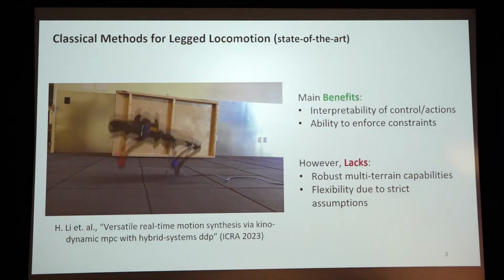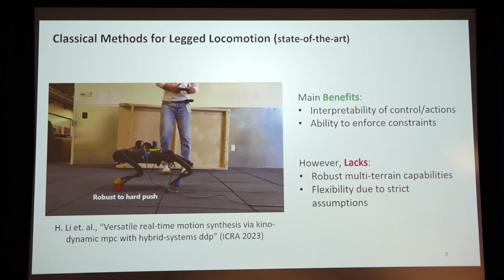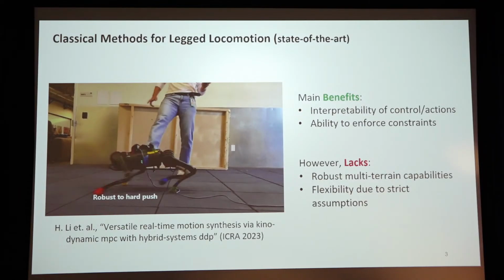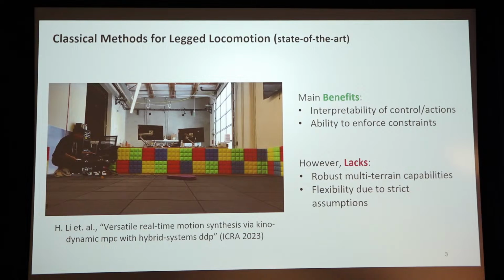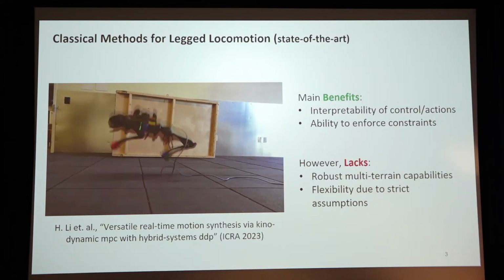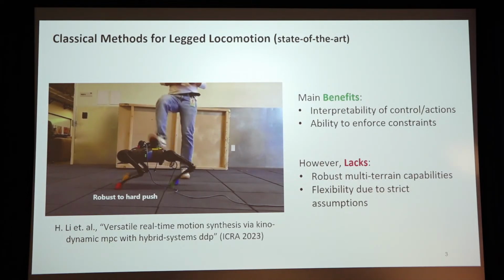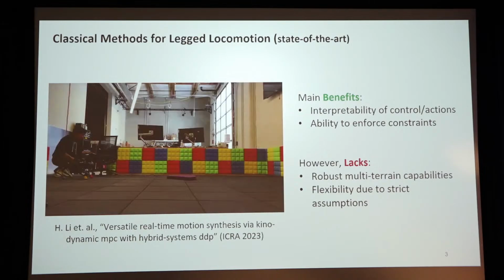Now coming to our lab's focus, legged locomotion, which is one of the major topics that we focus on, and why do we need reinforcement learning or robot learning? Well, the main benefit of these classical methods, if you know anything about them, is that they have interpretability of the decisions that they take, and they can enforce certain constraints that you might have at the deployment stage.